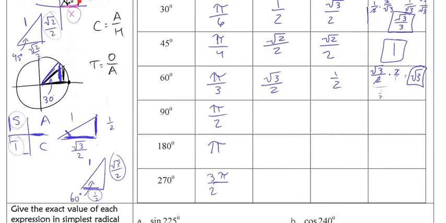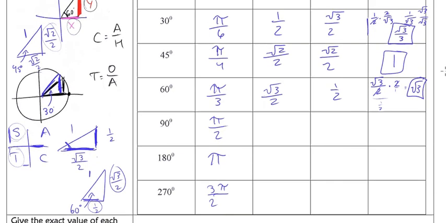All right, and then lastly, let's just finish up 90, 180, and 270. So I think you already know these, and if not, then really you just need to go back and look at our notes from, I believe it was 7.3, and this part's laid out pretty well for you there. But let's add in the pieces about tangent. So 1 divided by 0 gives us undefined.